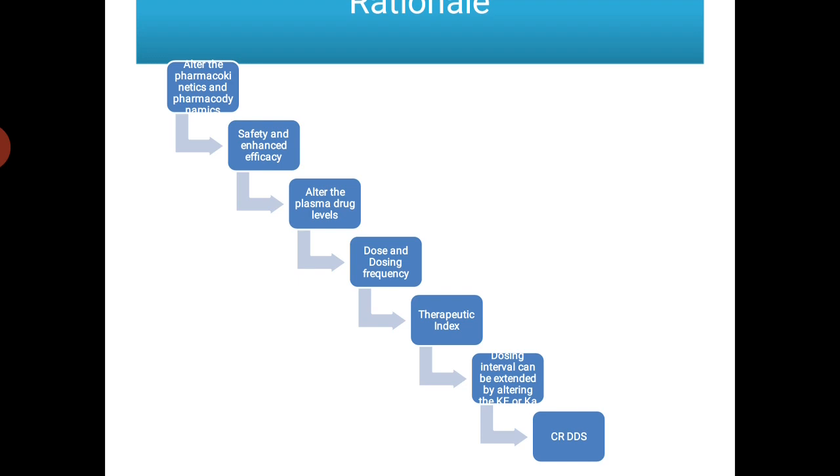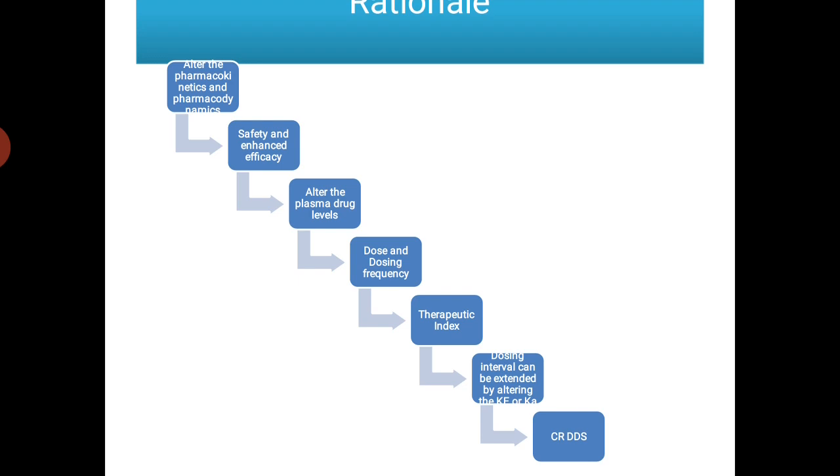If the maximum safe concentration is 200 and the minimum effective concentration is 100, we must deliver the drug within this concentration range from 100 to 200. It should not go beyond 200, it should not come below 100. Whereas if it is 100 and 500, we can adjust the dosage regimen at any cost. If we give more doses of the drug, it is not a matter.